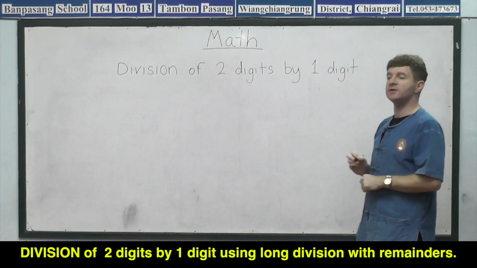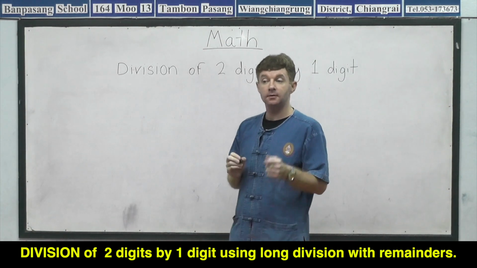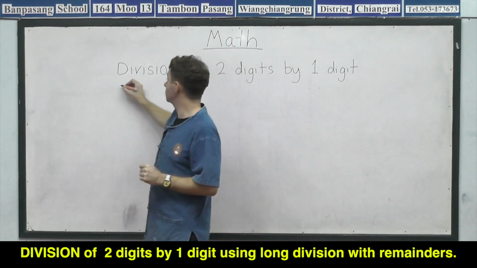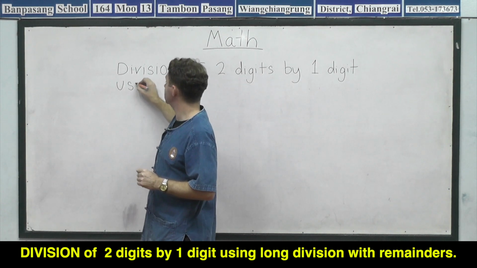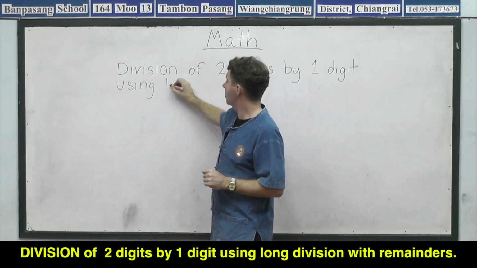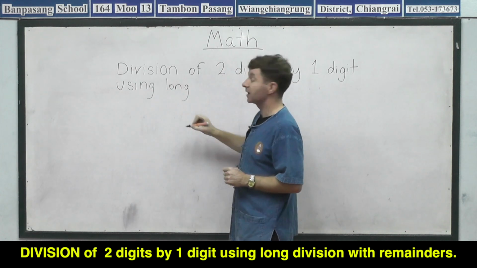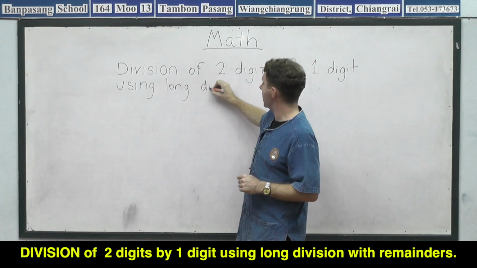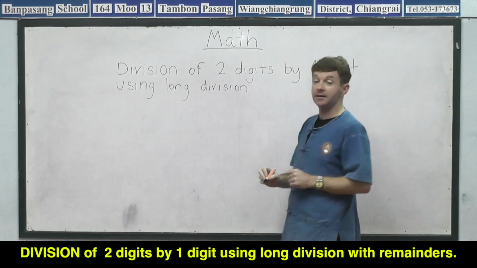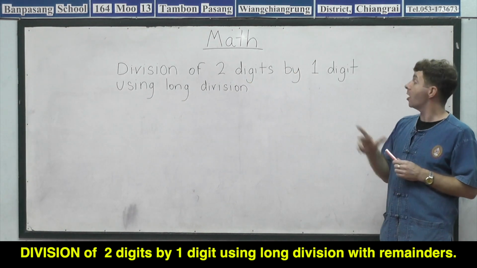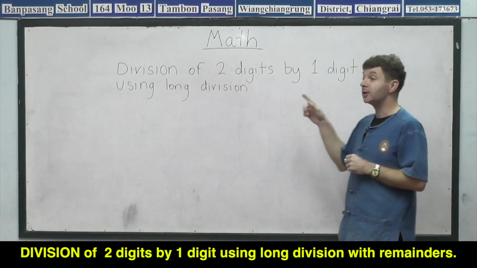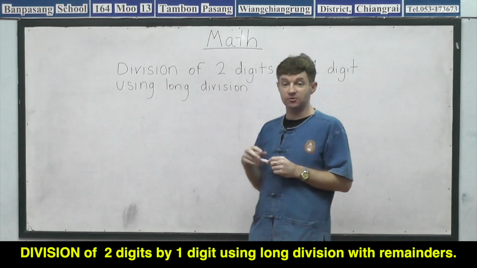And what were we using to do our equation? Using long division. Using U-S-I-N-G. Long. L-O-N-G. And division. D-I-V-I-S-I-O-N. Division of two digits by one digit using long division.